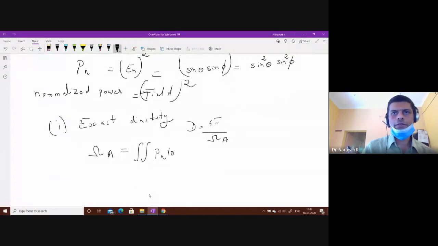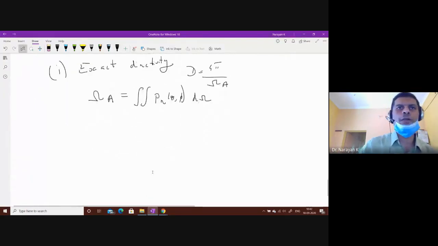It is the integral of P_n as a function of theta and phi, d omega. Remember this formula?